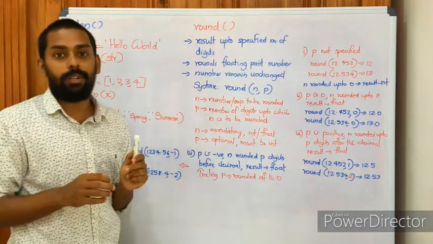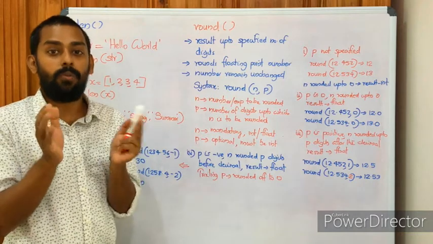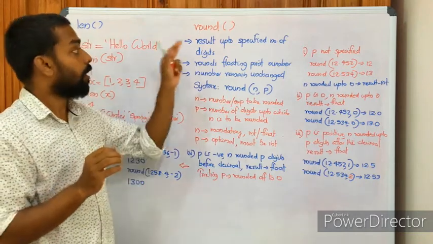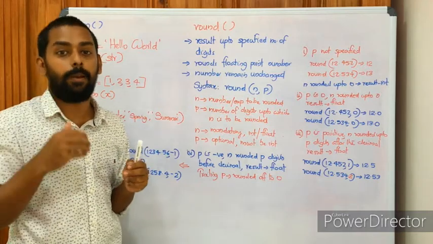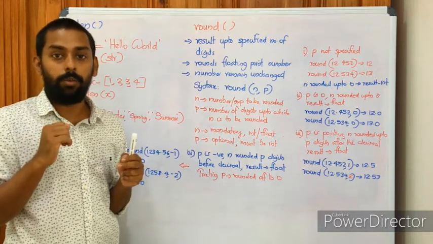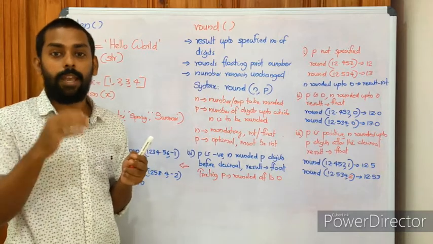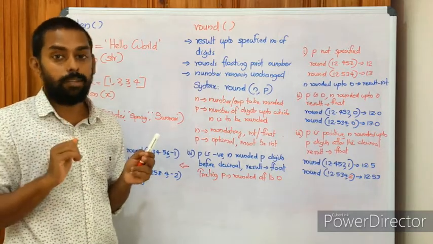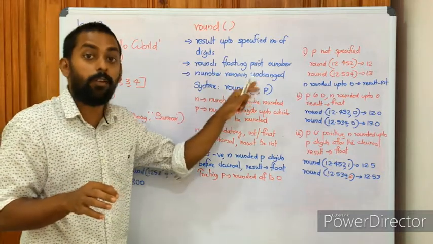Next we have a new function, round. What do you mean by round? A round off. Actually, the round function is used to get the result up to a specified number of digits. The round function takes a floating point value and rounds it to a specified number of digits, and the format syntax is round of n comma p.